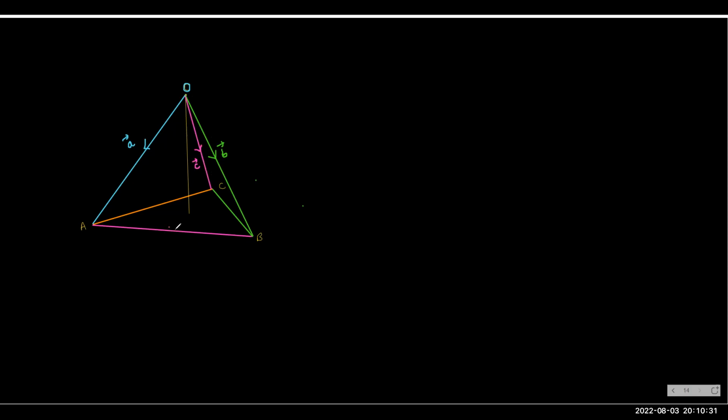So of course we can say this is AB vector, this is AC vector. So in case of tetrahedron, the volume you have to remember as 1/6 of AB cross AC. So we'll use the same format as the parallelepiped.